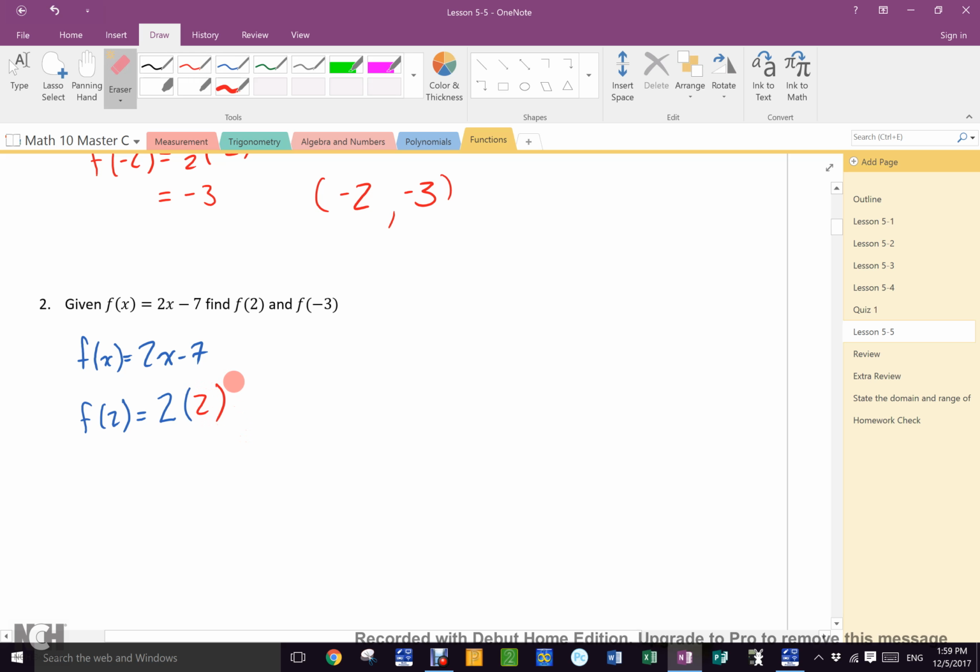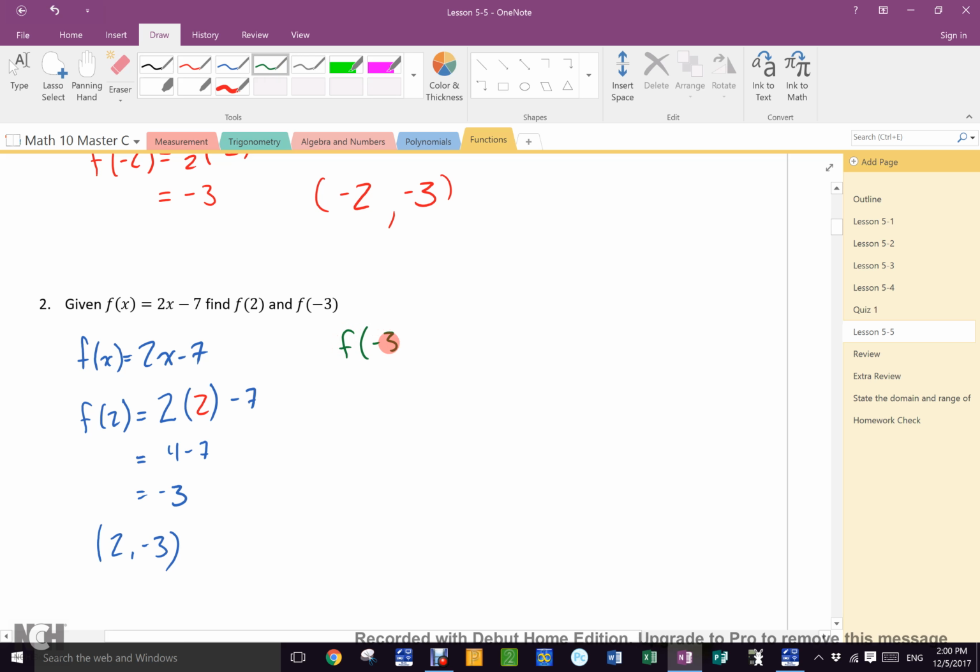Because I don't want the f of x anymore. I want the f of 2 minus 7. What is that? 4 minus 7, which is -3. Is everybody good? Now, what is the ordered pair that would answer that question? 2, -3. Right? Great. You guys do the next one.